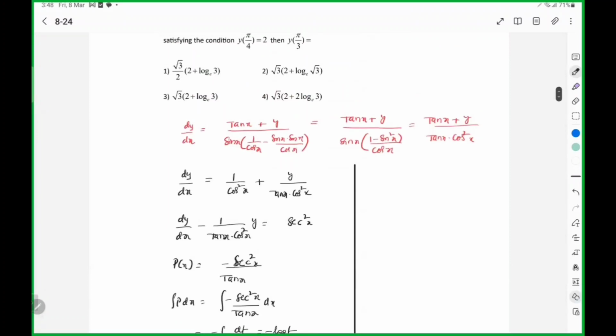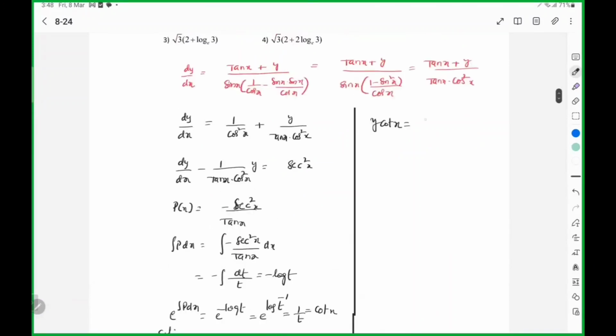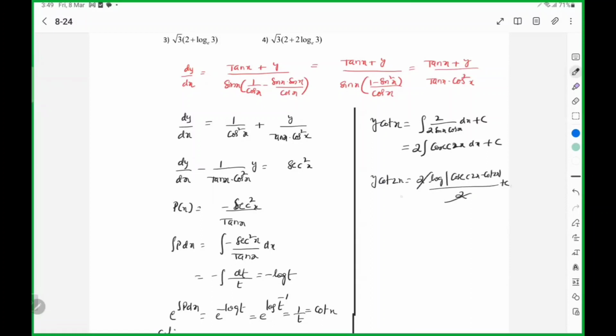So here y cot x is equal to integral 2 by 2 sin x cos x dx, 2 times cosecant 2x dx plus c. Integral cosecant x is log of cosecant 2x minus cot 2x by 2 plus c, so log of cosecant 2x minus cot 2x plus c.